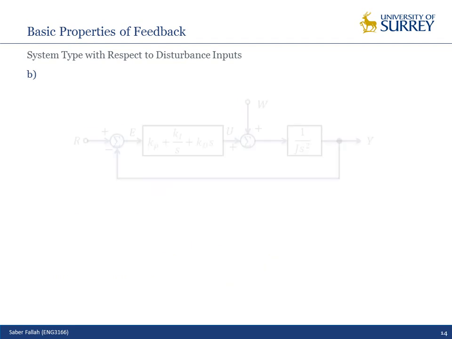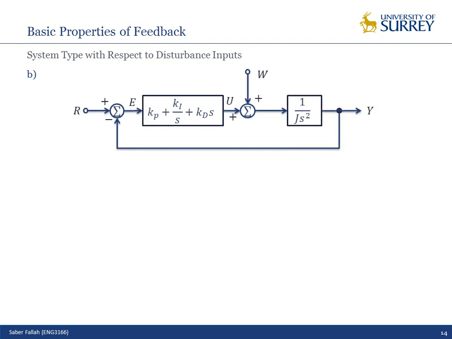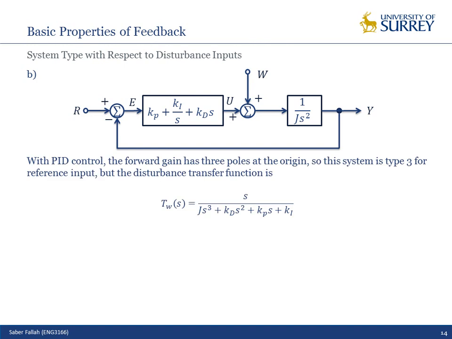Now let's look at the PID controller. The PID controller transfer function is in the form of Kp plus Ki over s plus Kds. I want to see how much the steady state error with respect to disturbance is. If I shape the transfer function, I have one s in the numerator, which means the type of the system with respect to disturbance input is 1. So I have a type 1 system. In this case, I have zero steady state error for the step input.